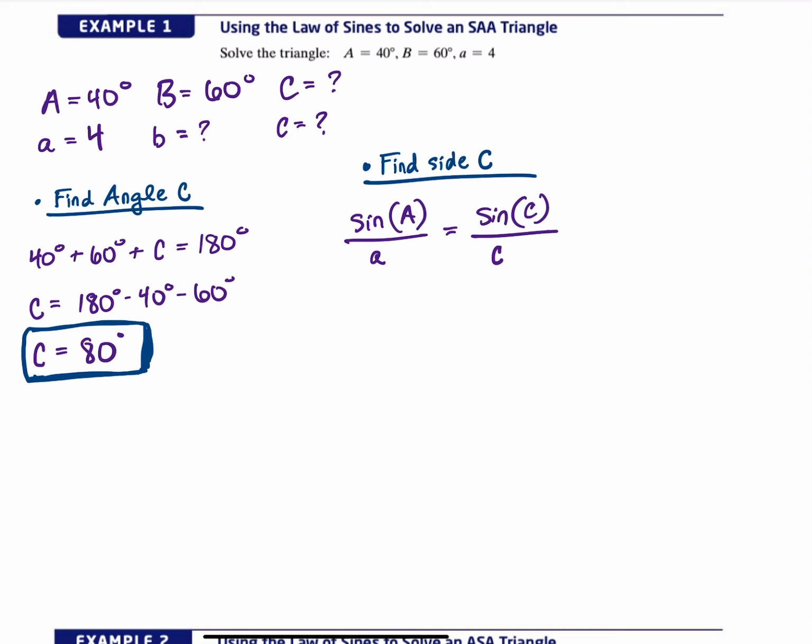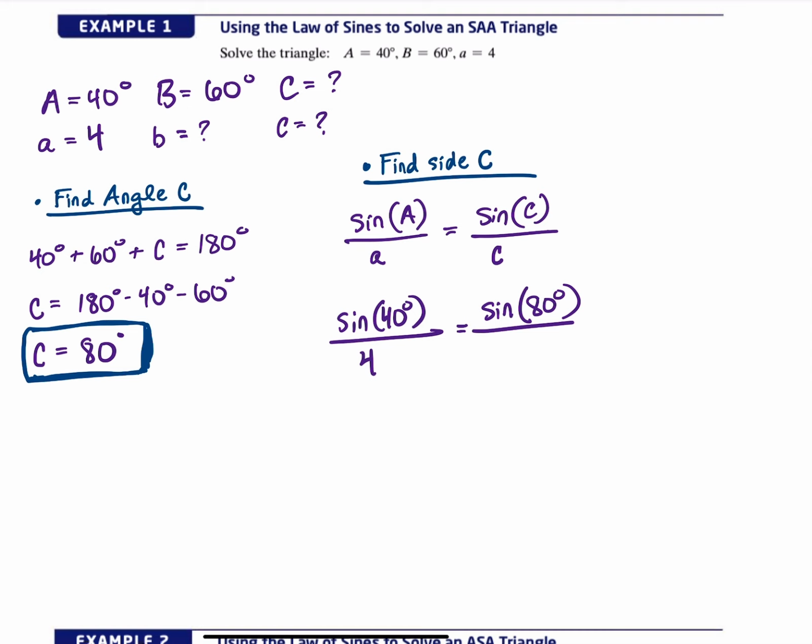And let's plug in everything that we know. A is 40 degrees, so this would be the sine of 40. Side length A is 4. We just found out angle C, which is 80, so we can say sine of 80.